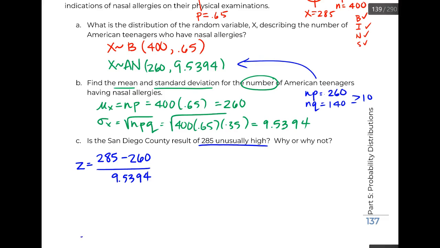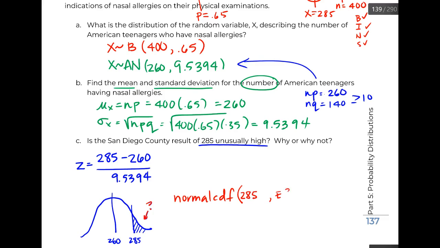Another option is to figure out a probability of getting that. So if we expected 260 and we observed 285, how likely is it that we would get 285 or higher? And we do need to say or higher because remember the probability of 285 by itself is 0. And if we wanted to be really cute about this one, if we wanted to use normal CDF to find this area, the lower bound is the 285.